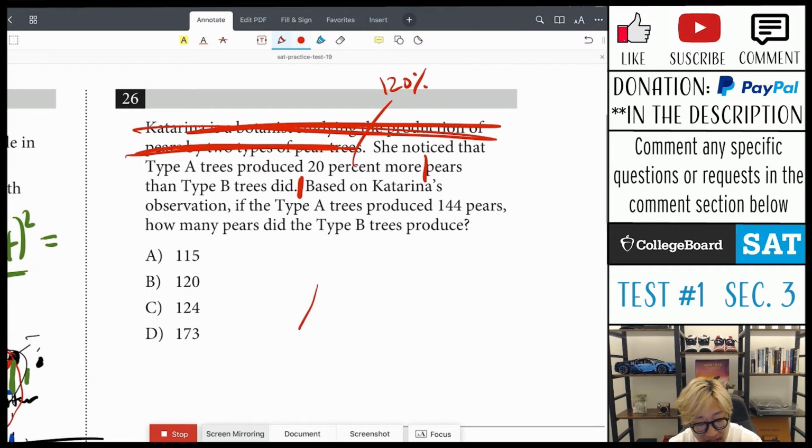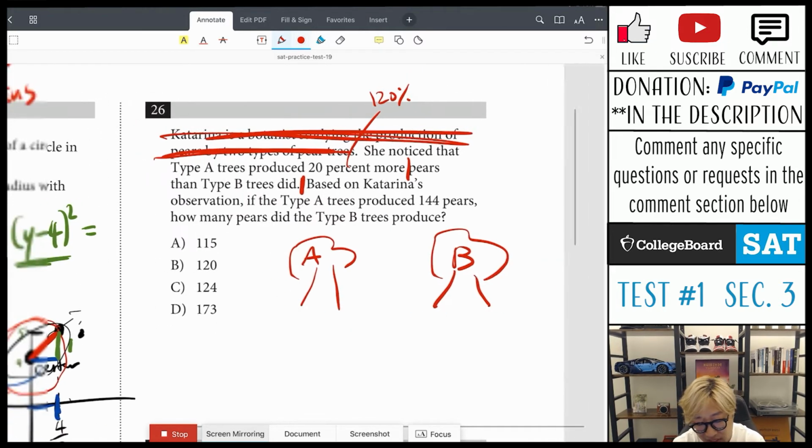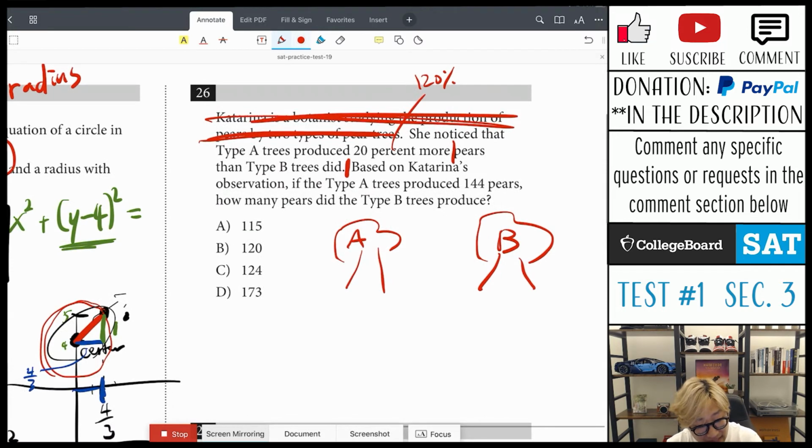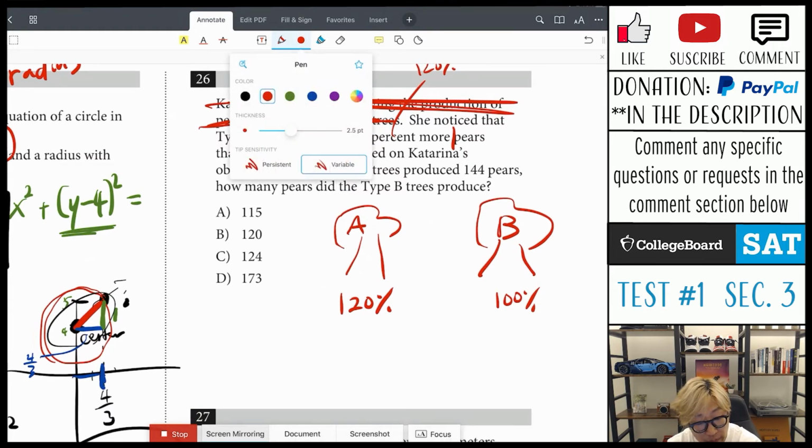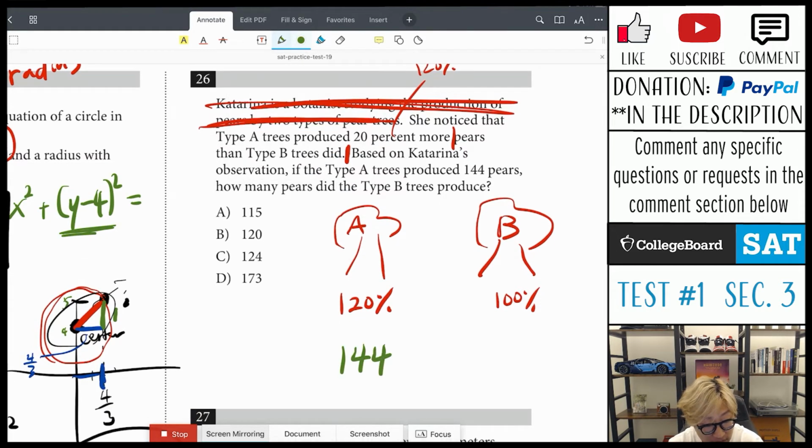So if this is 100%, this must be 120%. Based on Katarina's observation, if type A trees produce 144 pears, how many pears did the type B trees produce?